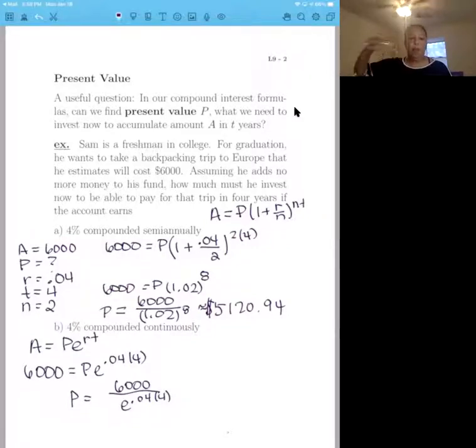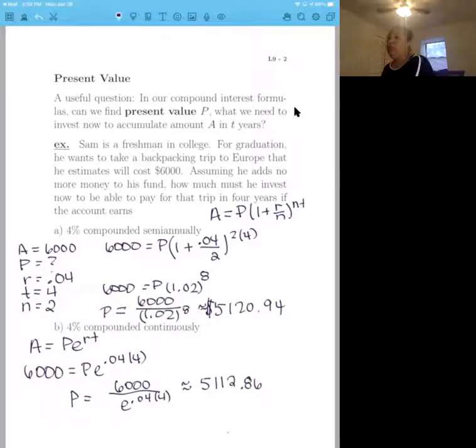But you want the power to be 0.04 times 4, or just 0.16. All right, and I'm getting $5,112.86.